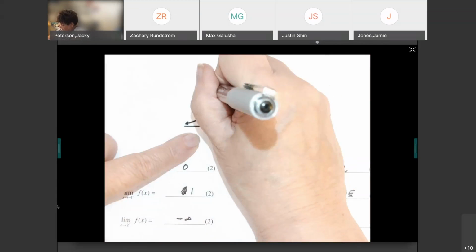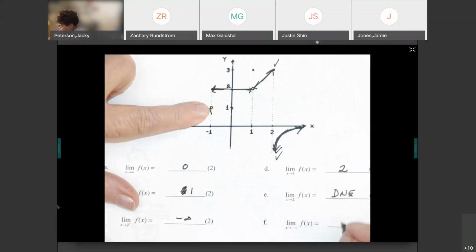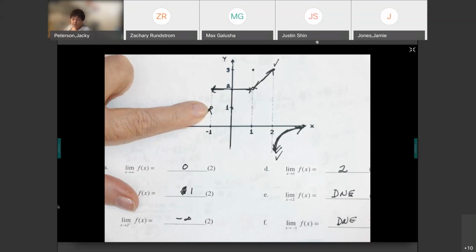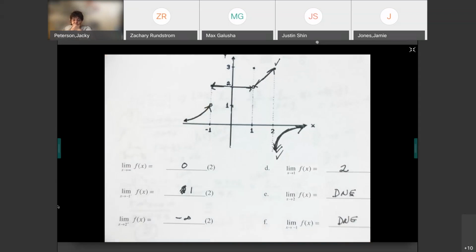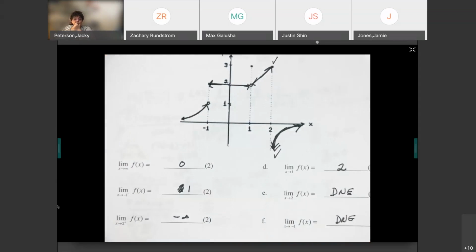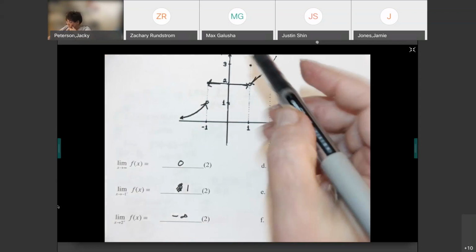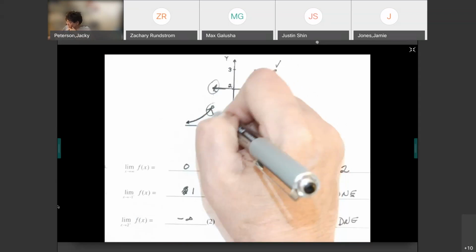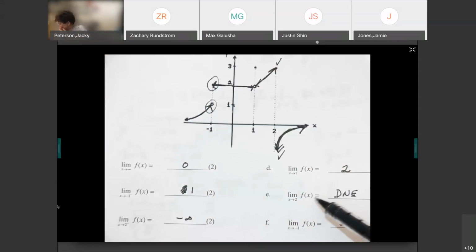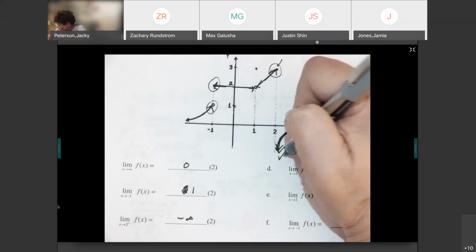From the right, you end up there. They're separated. So that was the one from the exam. So at -1, they were separate. And at 2.